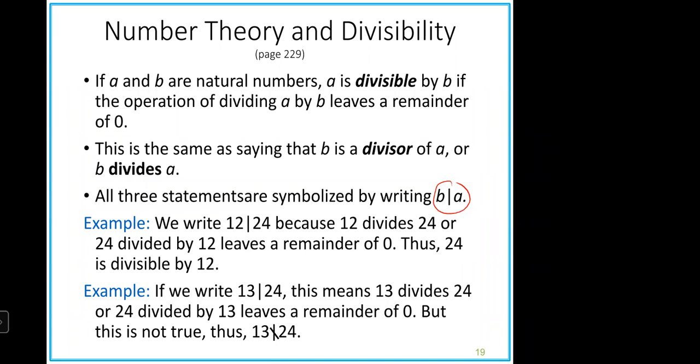So it doesn't give you a remainder of 0, therefore the statement is not true. 13 does not divide 24. So you see that a stroke is put there to indicate that it does not divide 24. Even though 13 can go into 24, we say it doesn't divide 24 because it doesn't give us a remainder of 0.